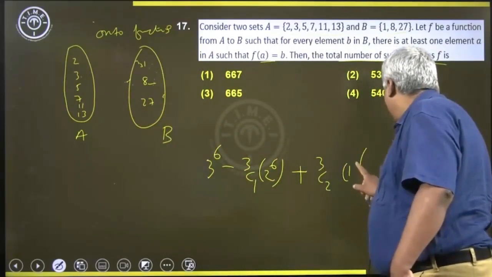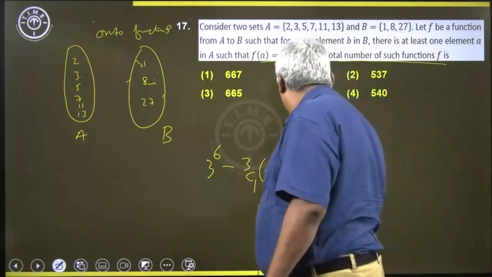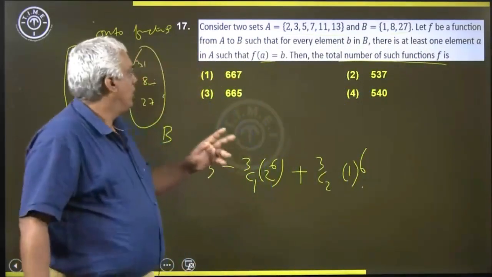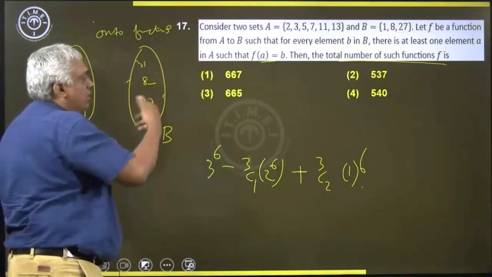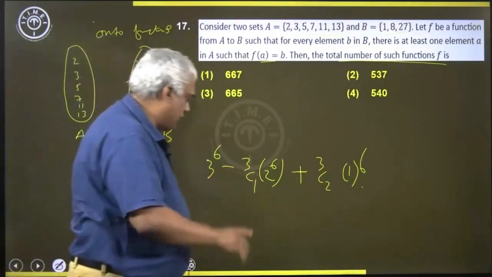It's minus, plus. Again, all 3 can't be left unmapped, then it won't be a function.